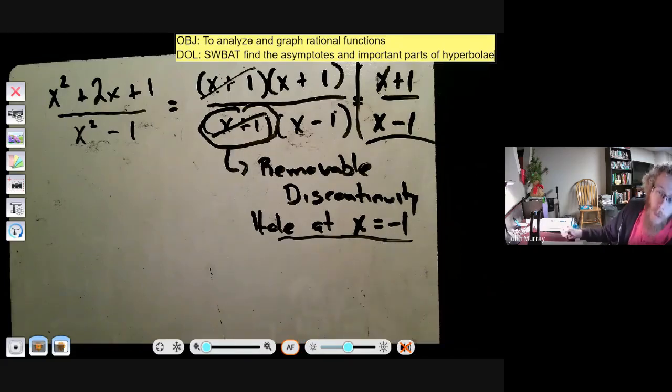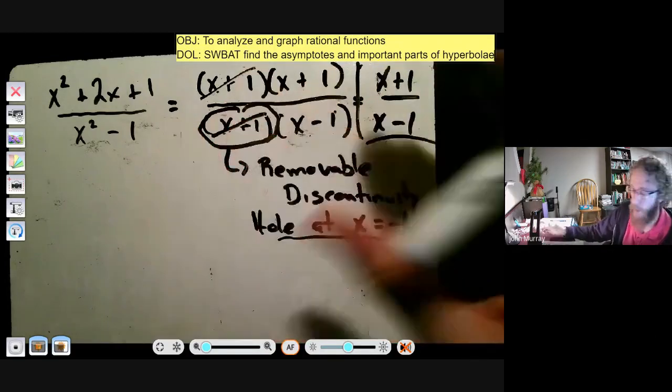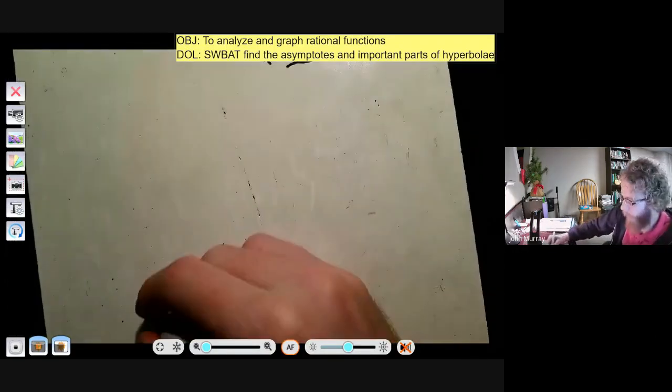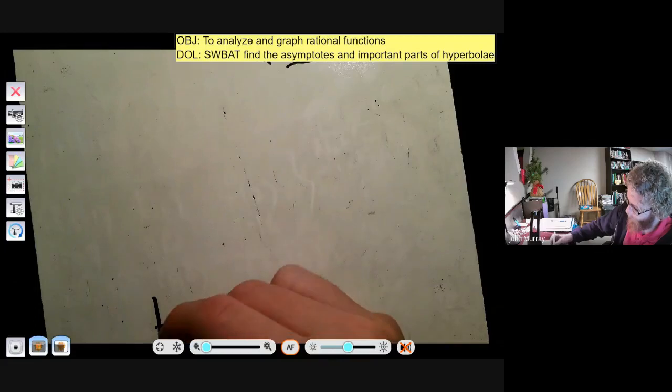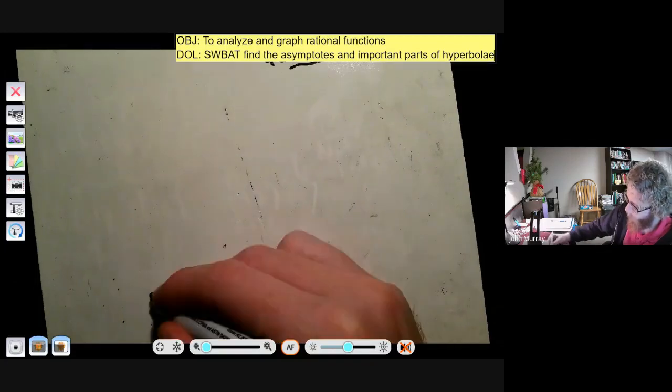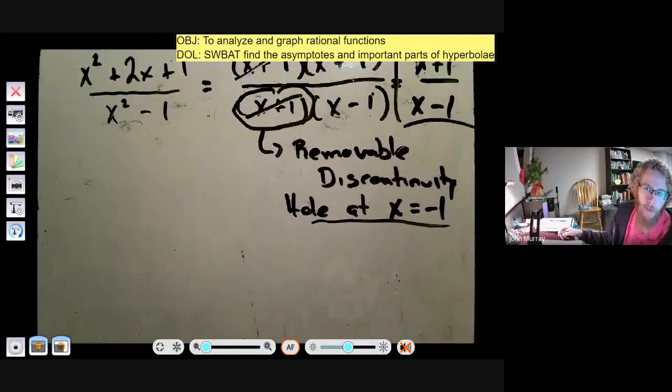All right, so we're going to hold off on that. That's just something we tell ourselves as we're graphing it. So the simplified version doesn't really help me sketch the graph. I can't really add anything yet with the information that we have here. Okay, it does have a simplified form, and it's got a hole at x equals -1.